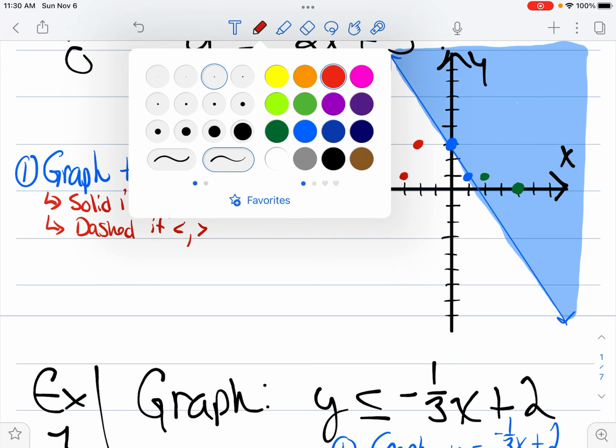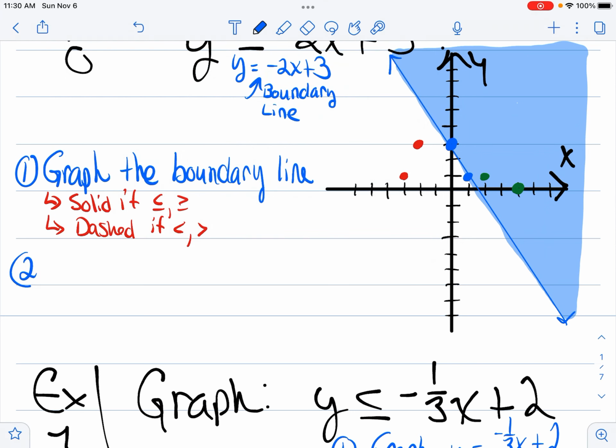Okay, and then number 2, test an ordered pair. And I'm going to put 0, 0 up here, okay, as the one that we typically like to test. Let's do it like that.